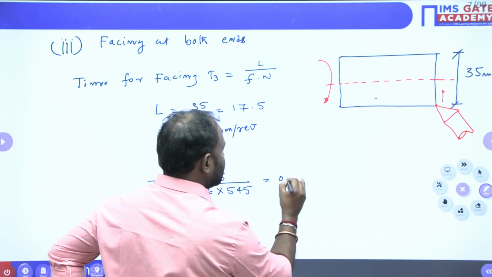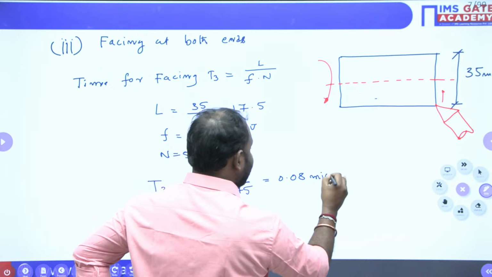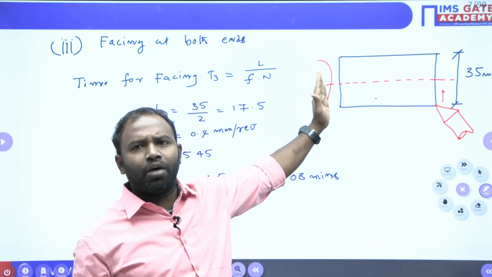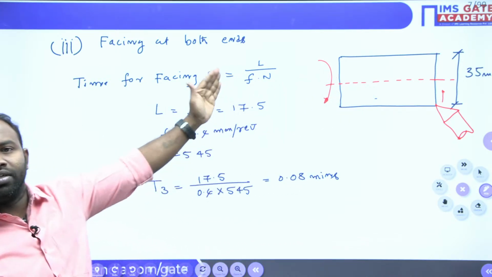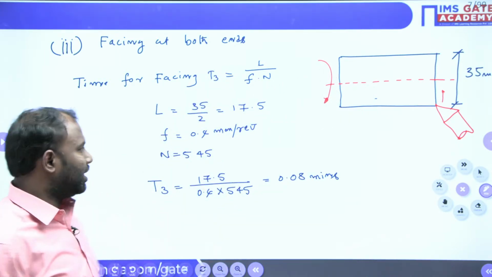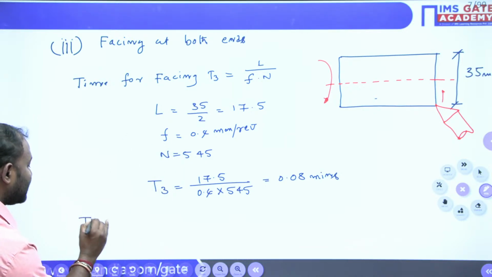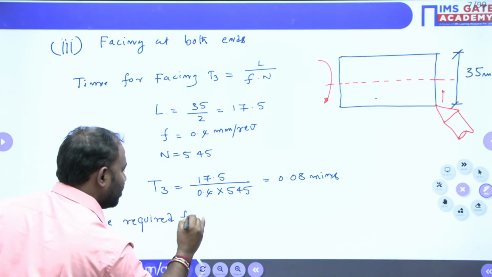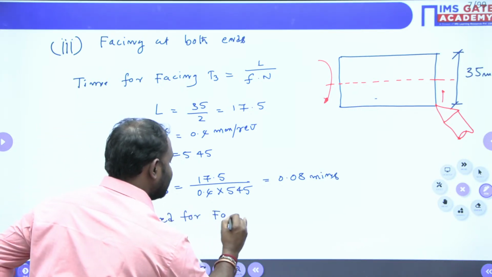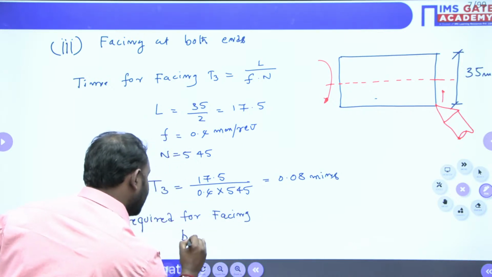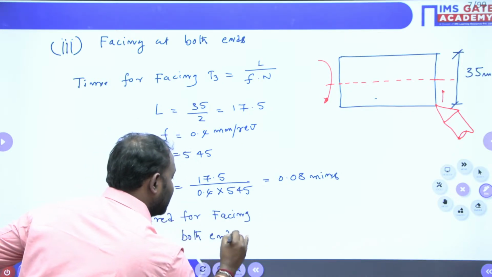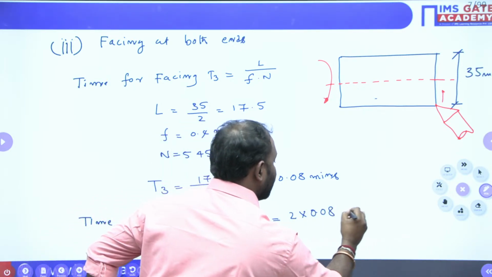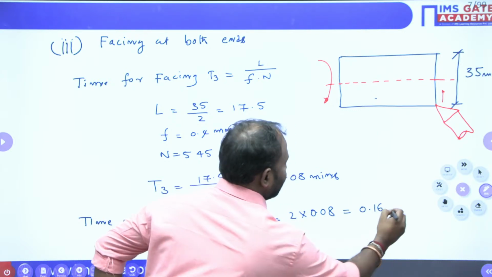0.08 minutes. But guys, do remember, it is a facing operation at one end. So this end also we have to do the facing operation now. For that purpose, what we have to do? We have to multiply this by 2. So time required for facing both ends, I just multiply this by 2. So time required for facing both ends is 0.16 minutes.